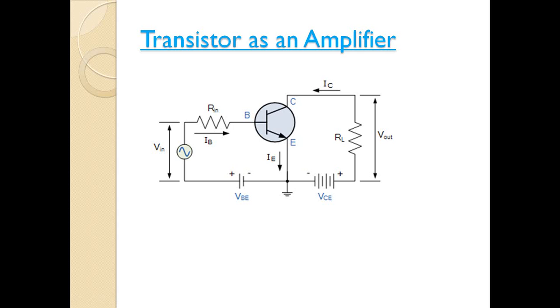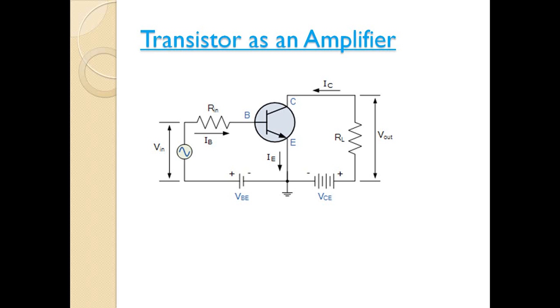The fraction of the change in IE which is collected and passes through this RL is defined as alpha dash. Therefore the change in the output current is alpha dash delta IE, and the change in the output voltage across the load resistor can be represented as RE dash into delta IE.